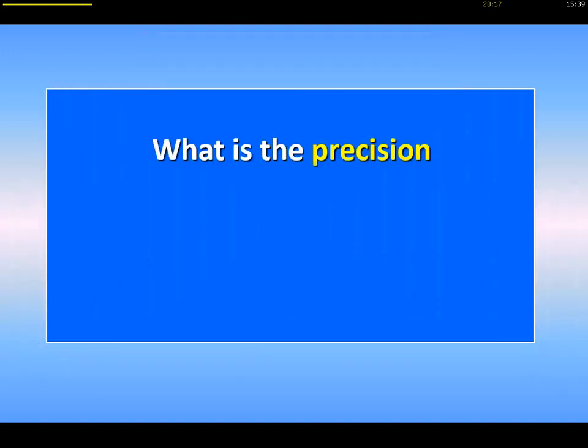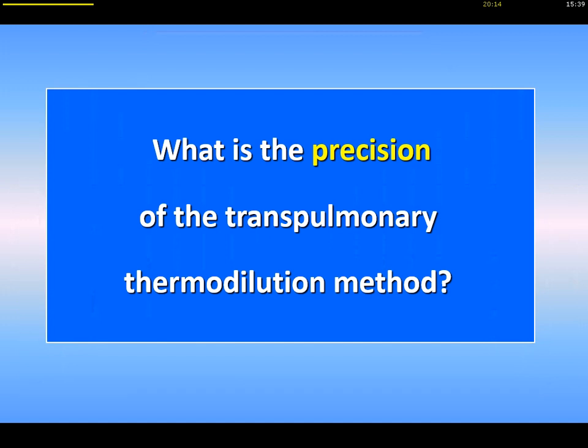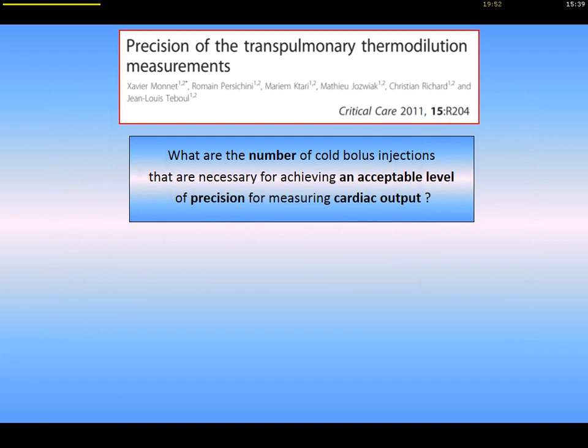And a question which can arise is, what is the precision of the transpulmonary thermodilation method? And for this, with my colleagues in my unit, with Xavier Monnet in particular, we tried to answer this question by trying to find the number of cold bolus injections that are necessary for achieving an acceptable level of precision for measuring cardiac output.